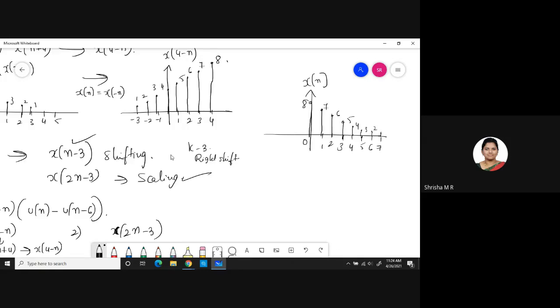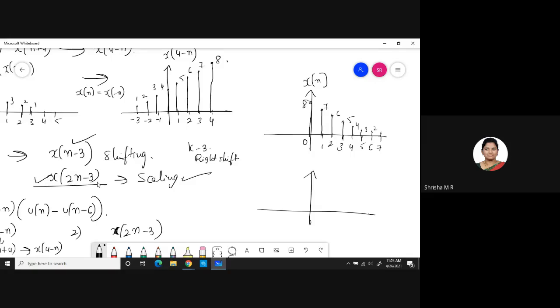Okay, so you draw it properly. I have just drawn roughly. So we have x of n minus 3. First we have x of 2n minus 3, right? So according to the precedence rule, we have to do shifting first. So we are doing x of n minus 3, then we'll scale it to x of 2n minus 3.